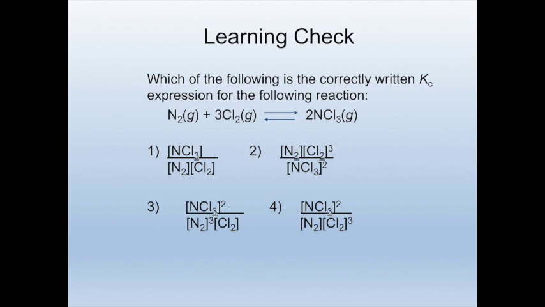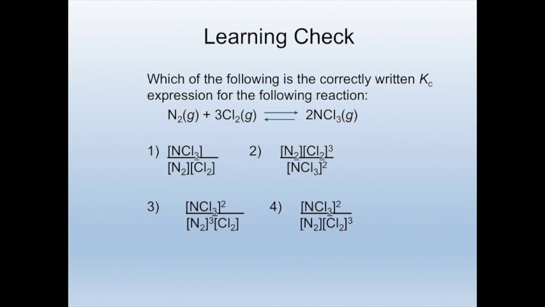Second one has nitrogen times chlorine to the 3rd power on top and nitrogen trichloride to the 2nd power in the denominator. The third option has nitrogen trichloride squared in the numerator and nitrogen cubed times chlorine in the denominator. And the 4th option has nitrogen trichloride squared in the numerator and nitrogen times chlorine cubed in the denominator.